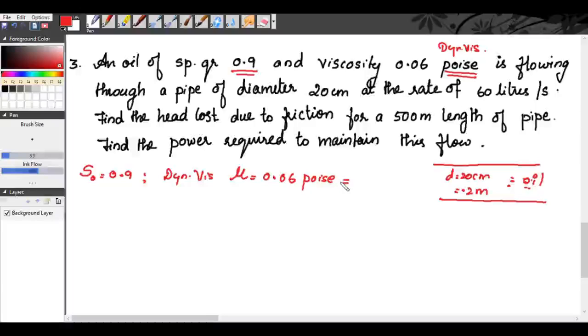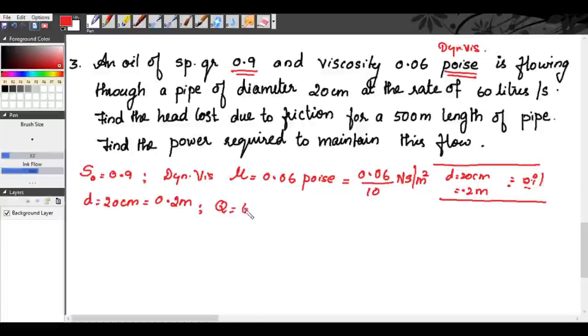Converting it into Newton second per meter square, we have to divide it by 10. These conversions we have studied in our first module. So 0.06 divided by 10 Newton second per meter square. The diameter of the pipe is 20 centimeter, equal to 0.2 meter. Now it is flowing at a rate of 60 liters per second.